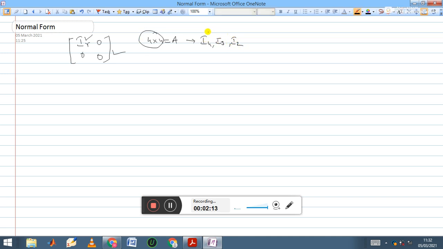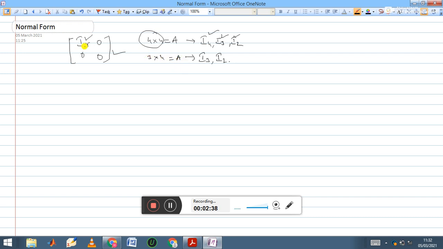These are the possibilities: identity matrix of order 4 cross 4, 3 cross 3 or 2 cross 2. Suppose they give a matrix of order 3 cross 4, then there is a possibility to get an identity matrix of order 3 cross 3 or 2 cross 2. So this is the way.